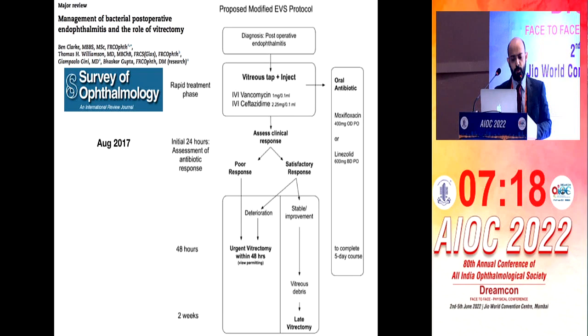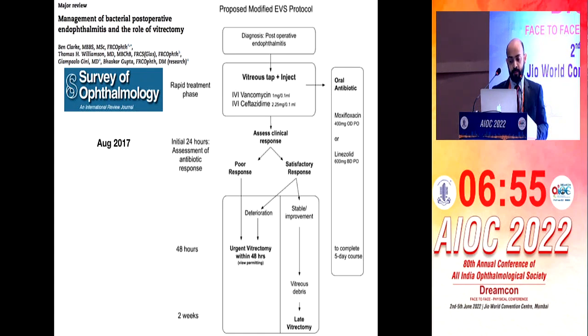There was a major review published in Survey of Ophthalmology in 2017. They showed a modified EVS protocol where they mentioned the algorithm of how to treat a patient with endophthalmitis. So the moment you diagnose a case as post-op endophthalmitis, a vitreous tap and an injection is essential. And they also mentioned the use of oral antibiotics, moxifloxacin or linezolid.